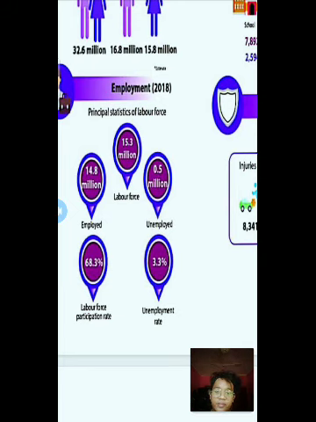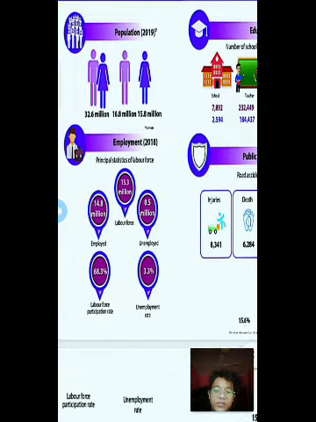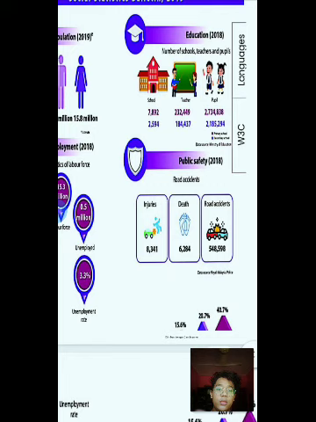The labor force participation rate is 68.3%, and the unemployment rate is 3.3%. Public safety 2018. You can see the injuries are over 8,000 and the deaths are over 6,000, and road accidents are almost 500,000 and above.